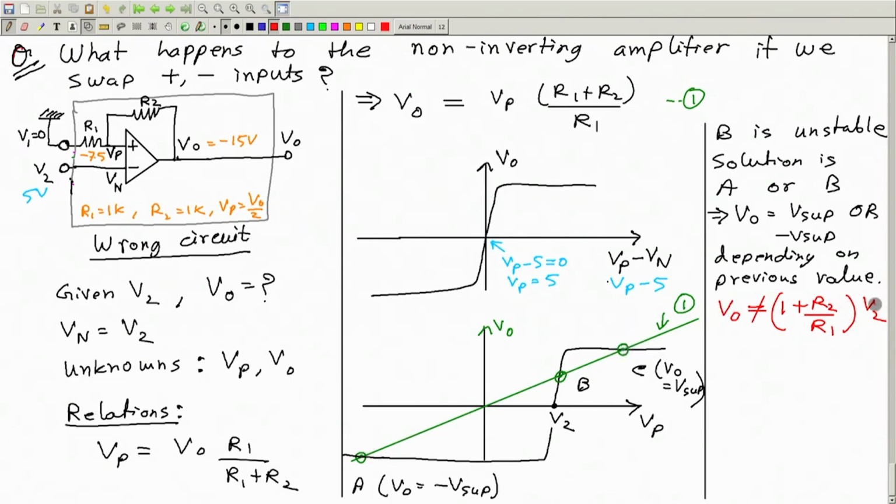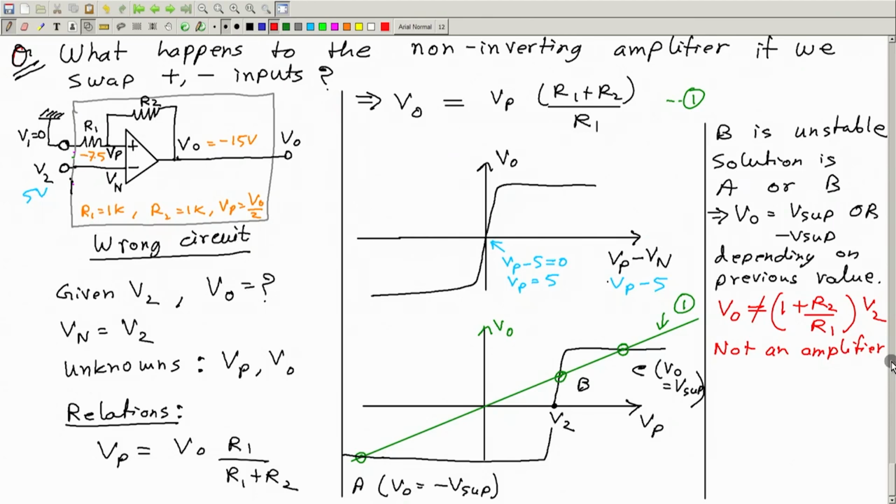It's not going to change linearly or proportionally with the input. An amplifier is supposed to give output proportional to the input, so this is not an amplifier.